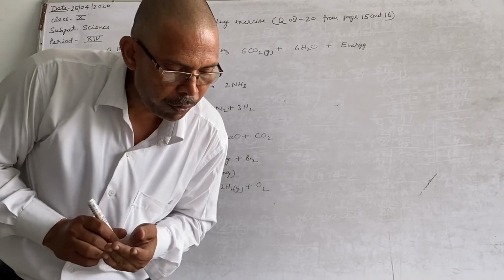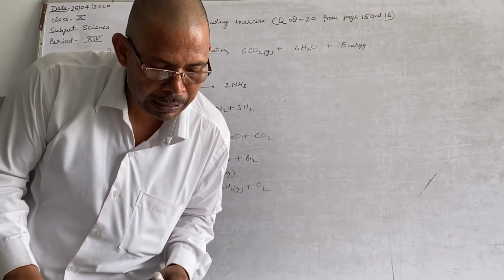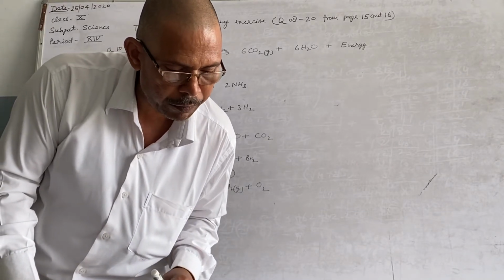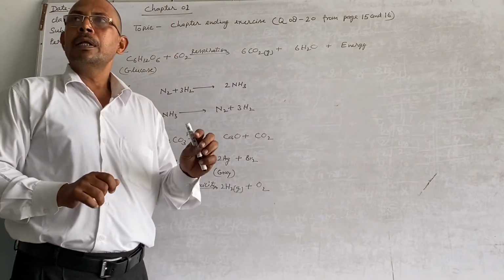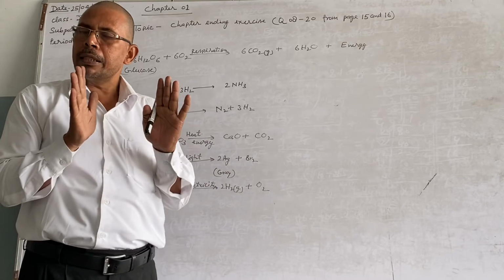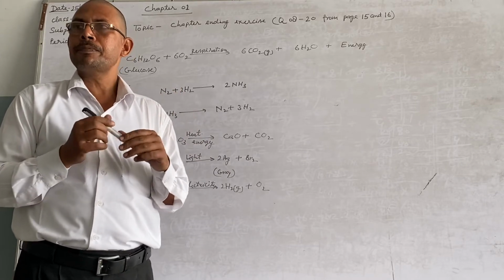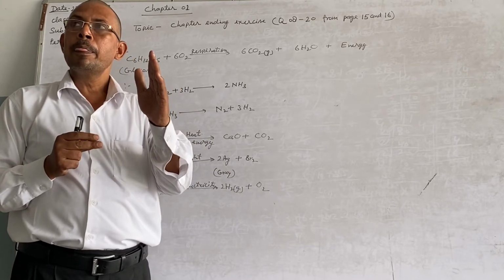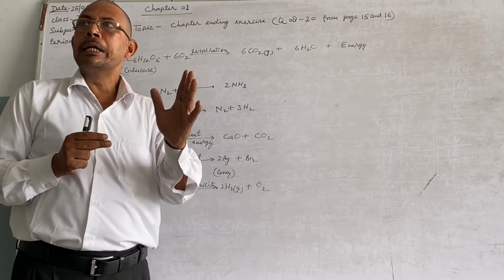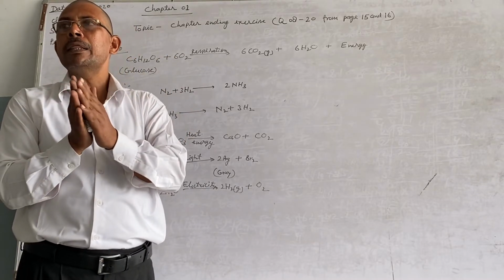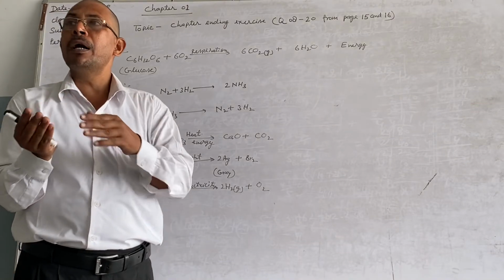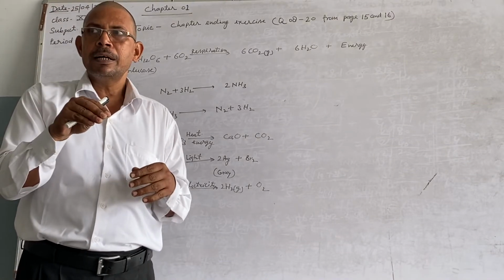Question number 13. What is the difference between displacement and double displacement reaction? Write equation for these reactions. See, in case of a displacement reaction, an atom or group of atoms from a substance is replaced by an atom of another element.